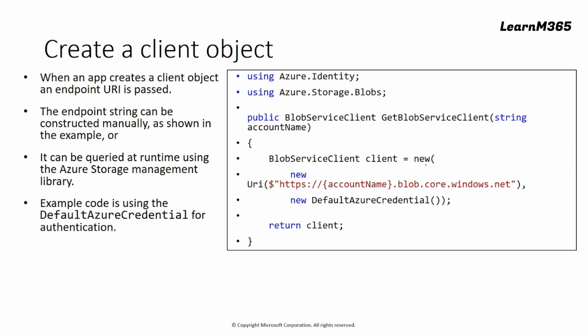When I'm working with a BlobServiceClient object, it is asking me to provide a URL and the credentials that I need to work with. You can see https://accountname.blob.core.windows.net. That's the base URL of the blob service. And then I return this client. Now this client knows that I have to work with the blob service. This client will help me to get a container, create a container, delete a container. I can do that.